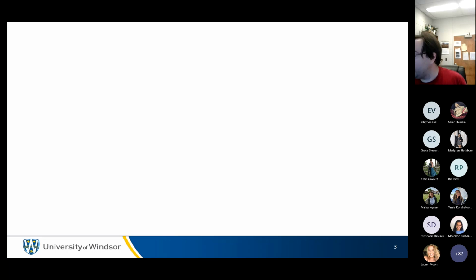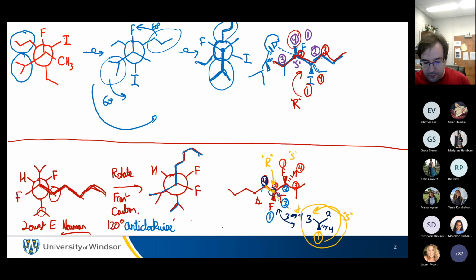And we have a hand up. Alyssa. Hi. Do you mind just going back to the last page? That one? Yeah, the bottom right example. I'm just confused because you see where the first one is for the first Newman projection, or sorry, the first R, where R is.